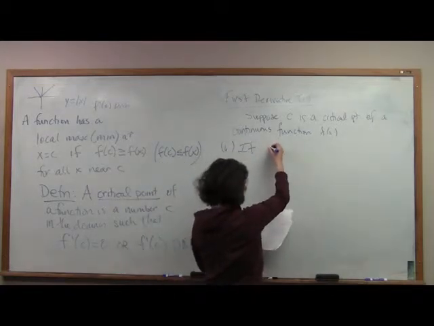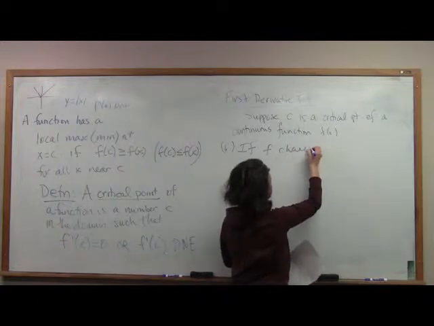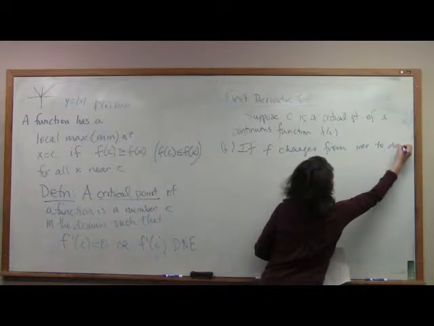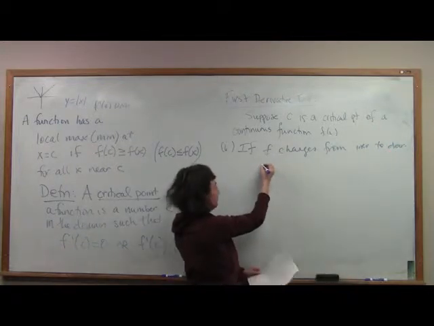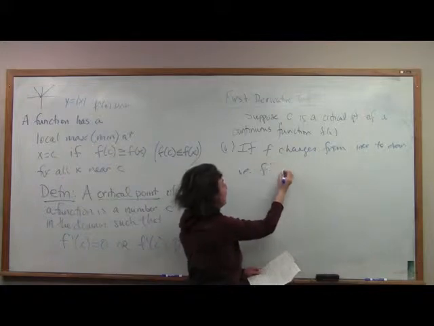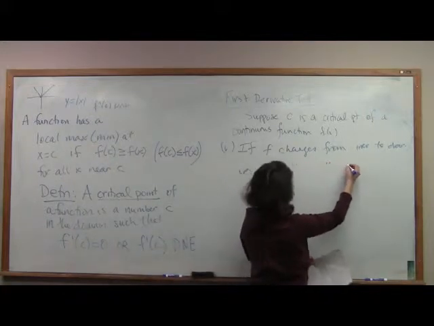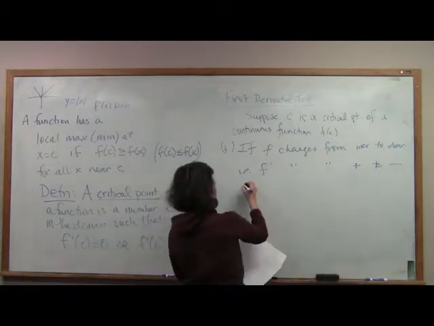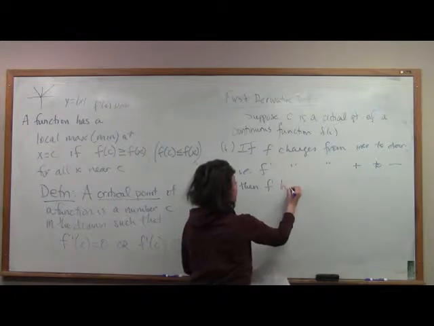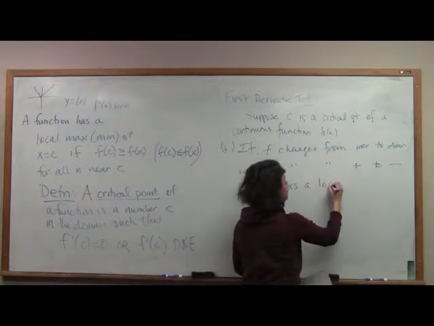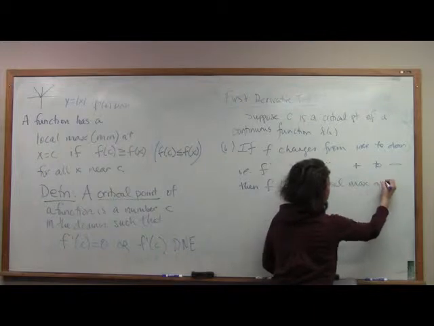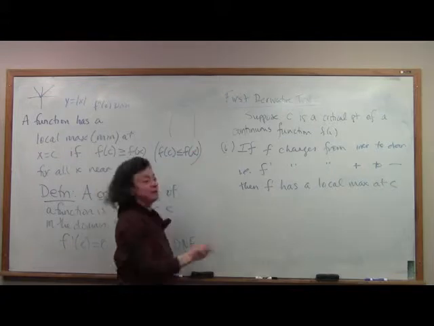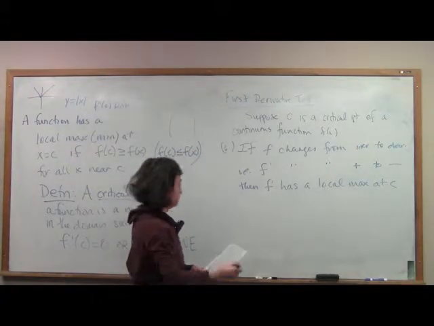And this says if f changes from increasing to decreasing, which is equivalent to saying, in other words, f prime changes from positive to negative, then f has a local max at c. Again, if my function's going from increasing to decreasing, that's going to be a maximum value.